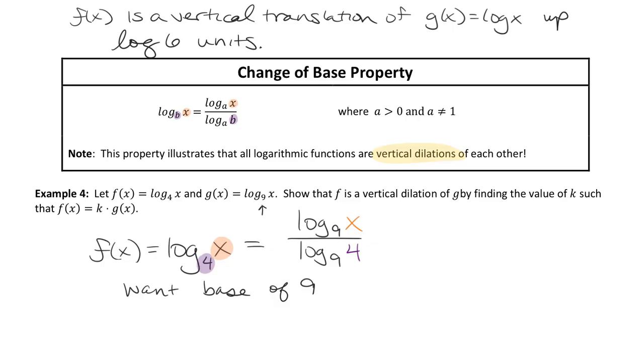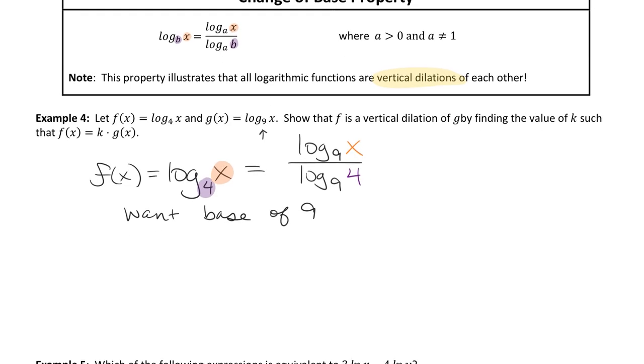Now, if you notice, log base 9 of x, isn't that what I have written right here? Which means I can rewrite this as g of x divided by log base 9 of 4.